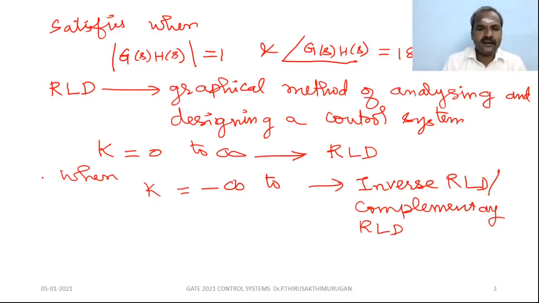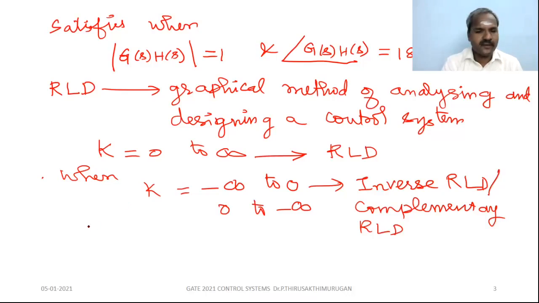When k varies from 0 to infinity, it is the root locus diagram. When k varies from minus infinity to 0, it is called the complementary or inverse root locus diagram.